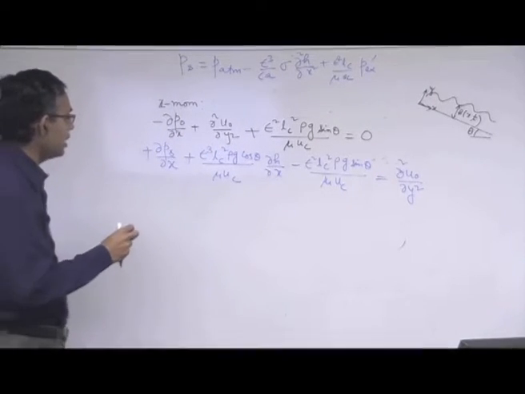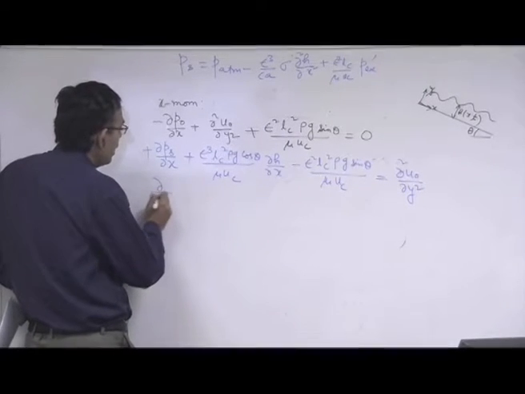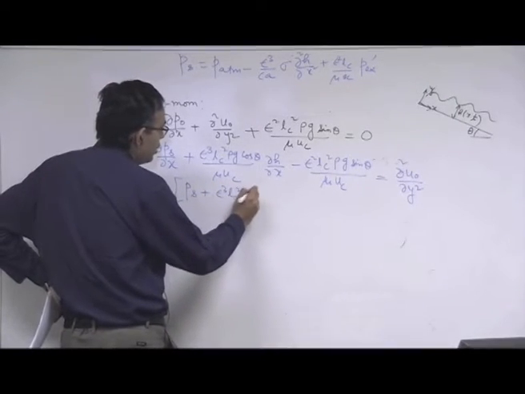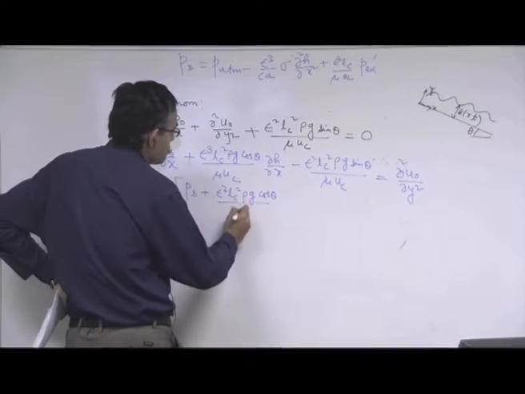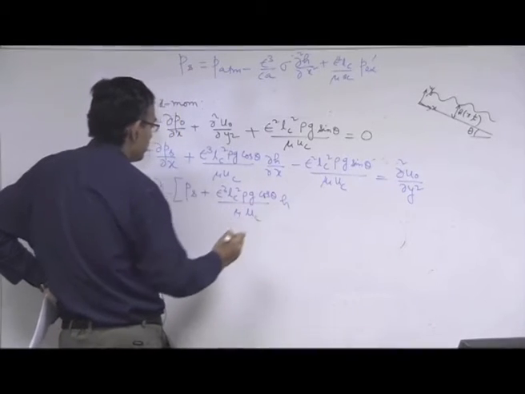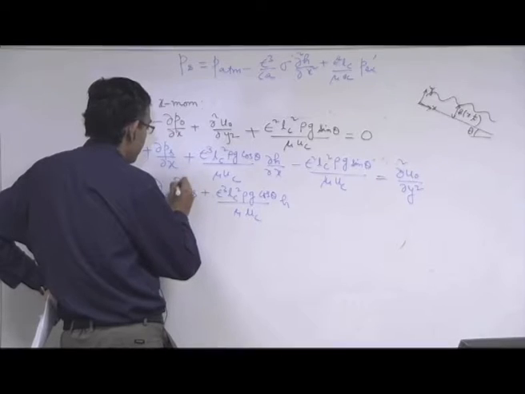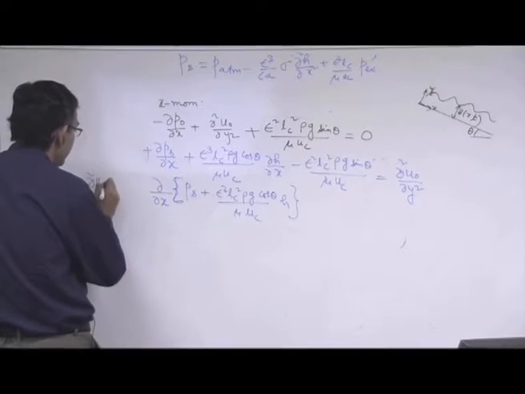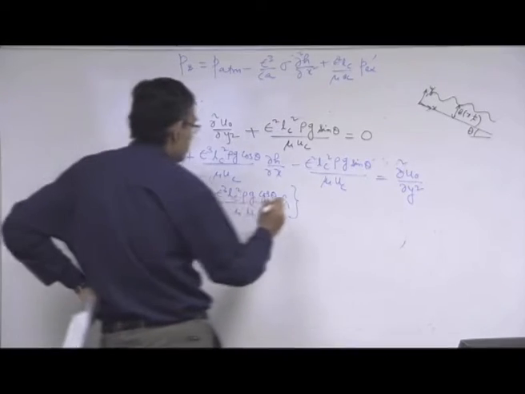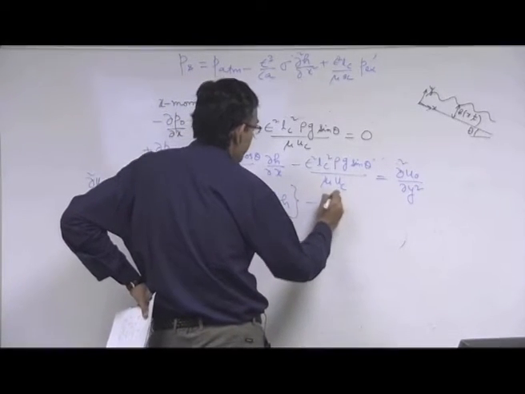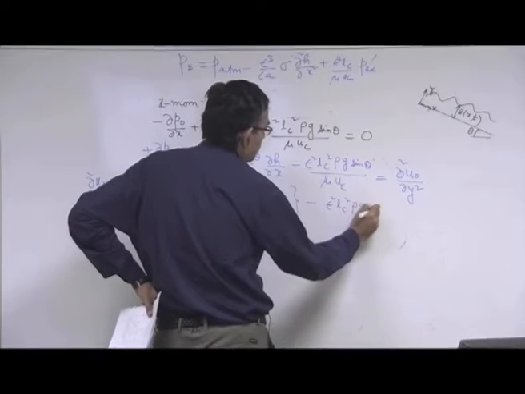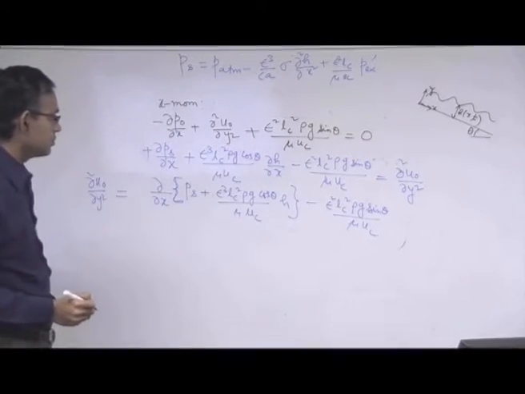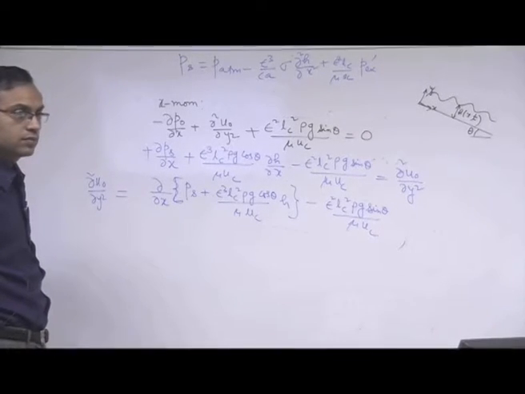In terms of a shorthand notation, we can write del x of Ps plus epsilon cube Lc square rho g cos theta by mu Uc h equals del square u0 del y square, right.